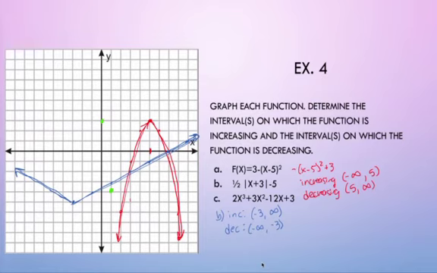So 2x to the third plus 3x squared minus 12x plus 3.